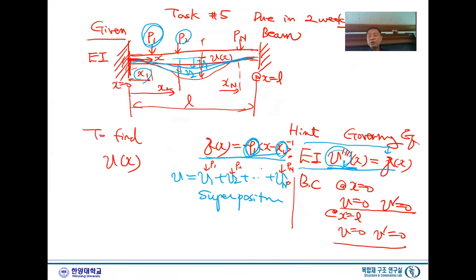But now what you need to do is represent Q in terms of P1. Q is the distributed load. P is a concentrated load. That's why we have a singularity function. You can get a little more idea about the singularity function, not so difficult.